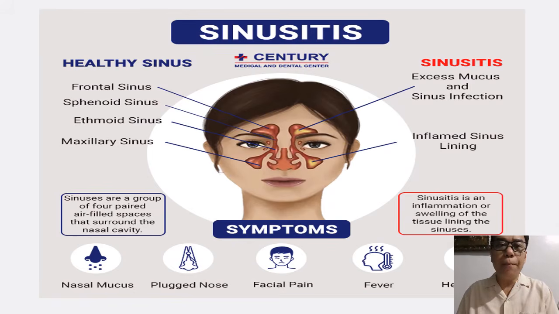So, possible etiology of our sinusitis is if you have a URTI or upper respiratory tract infection. So there's a big possibility that you will experience sinusitis. Next one, if you're a cigarette smoker. Also if you continuously or usually experience allergic rhinitis.